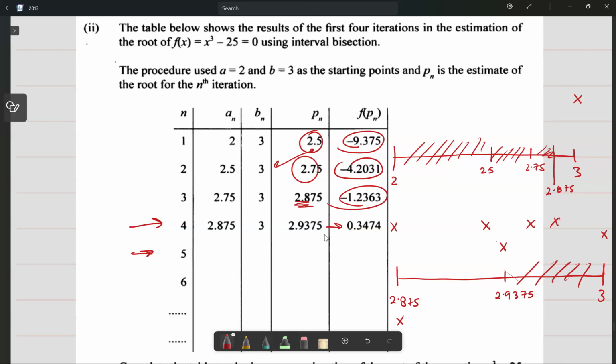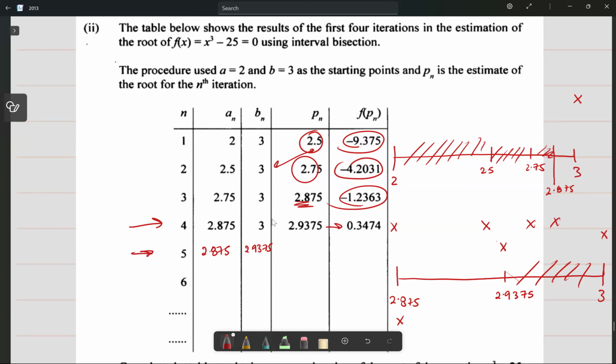First we have to know what's the number between 2.875 and 2.9375.